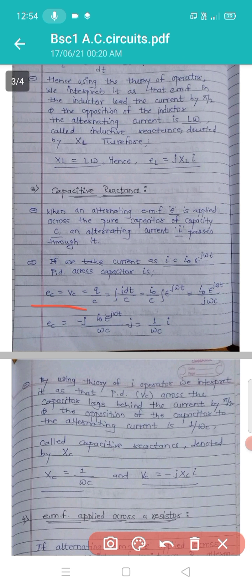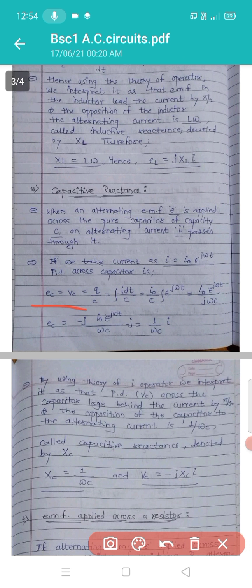Q means the charges, and the flow of charges means the current. It changes with time, and hence we get the integration of I with respect to dt upon C. Then take the constant term outside the integration sign.